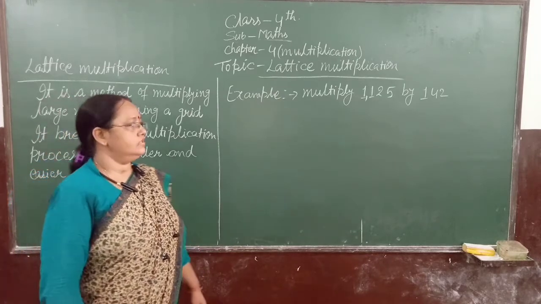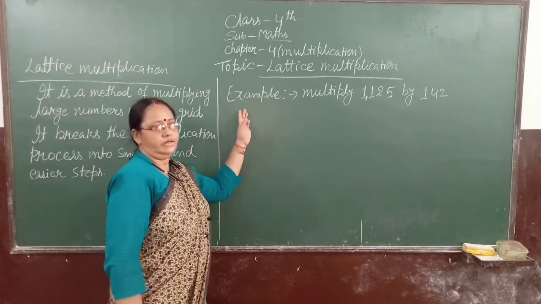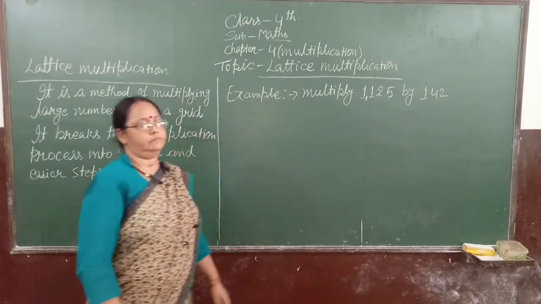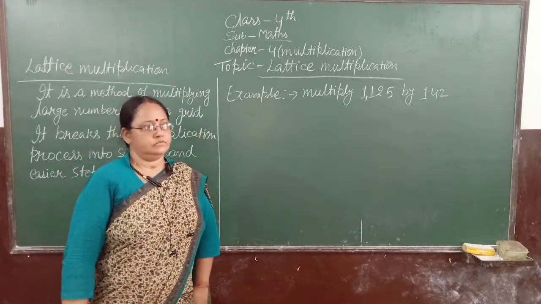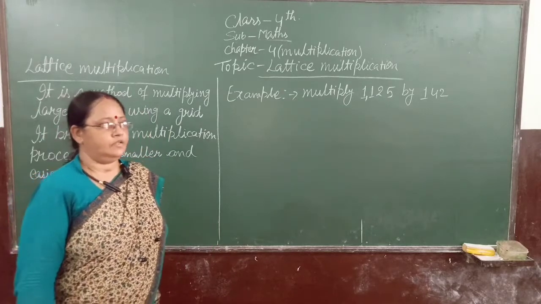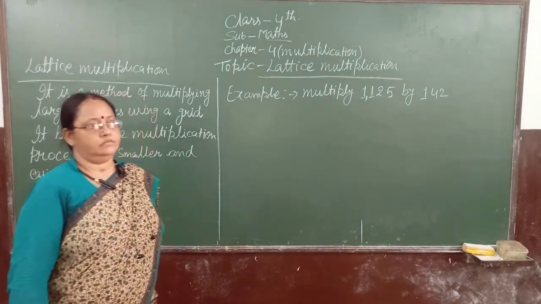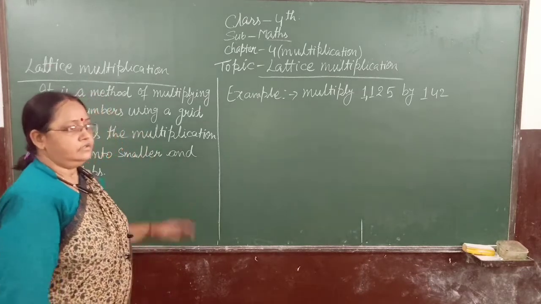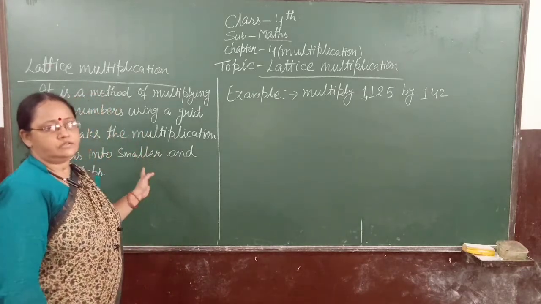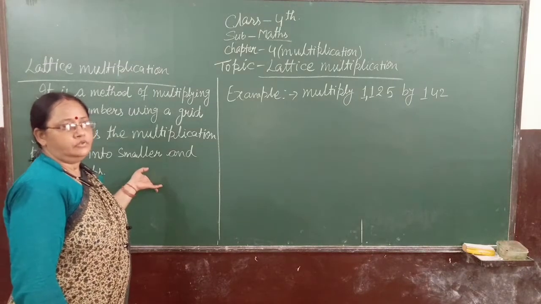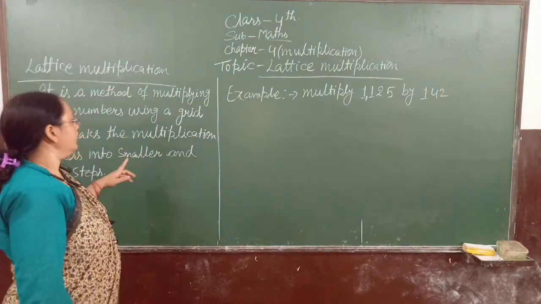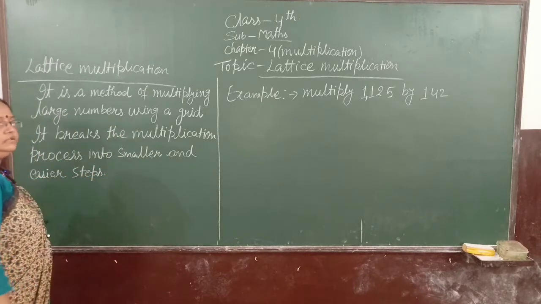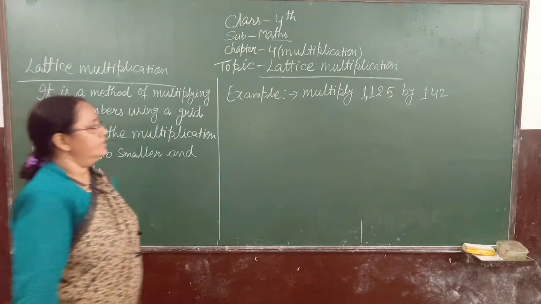Students, this is your another topic in multiplication, that is lattice multiplication. Lattice multiplication is a type of multiplication. In this process we solve large multiplication using grid method by smaller and easier steps.